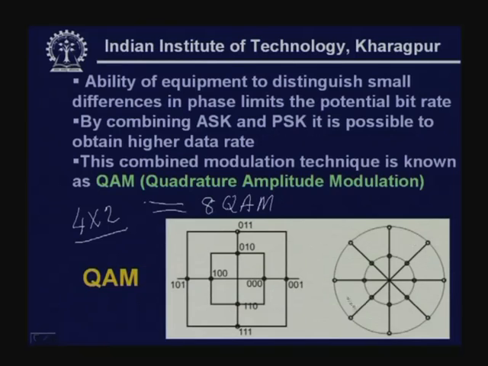And here you have got another constellation diagram or phase frequency diagram. Here you see we have used again 2 amplitudes and 1, 2, 3, 4, 5, 6, 7, 8 phases. So here it is possible to have 2 into 8, that means this is equal to 16 QAM.